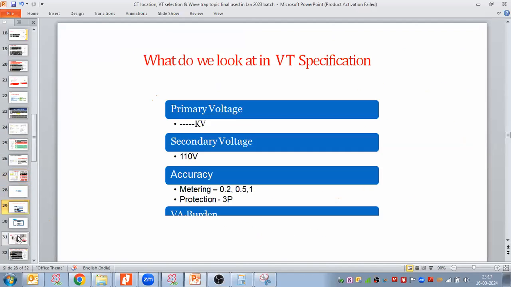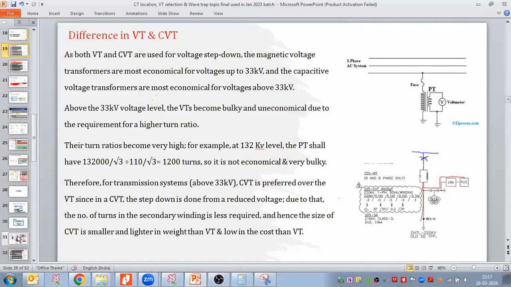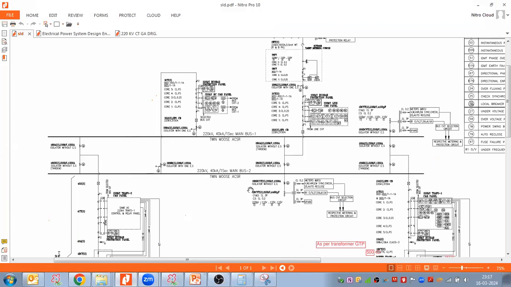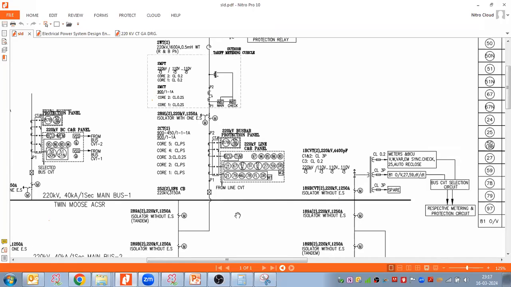Sir, I have one doubt regarding polarity. You have shown the polarity of P1, P2 in the double bus bar scheme, and we can easily assign P1 and P2 based on the source side.